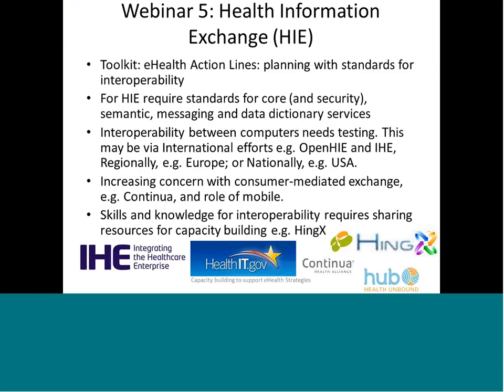So the way I've structured this is, as usual, to give a connection to the WHO ITU eHealth Strategy Toolkit. And really then to look at the way in which health information exchange standards and interoperability issues are being addressed at an international, regional and national level, and also referencing the fact that increasingly there are consumer exchanges, person-centered exchanges.